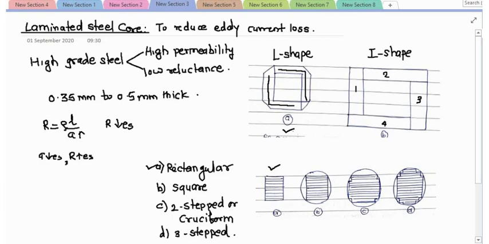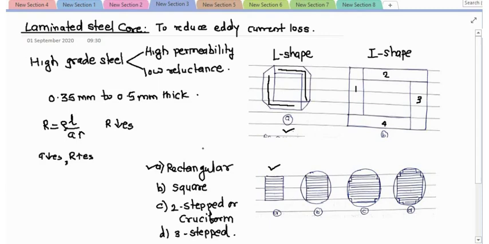But friends, as the size of the transformer increases, it becomes wasteful to employ the rectangular coils, and hence circular coils are usually preferred for the winding. And under such condition, square or stepped cross sections are used for the limbs. What is limb? Limb is the portion of your core on which the windings are placed.